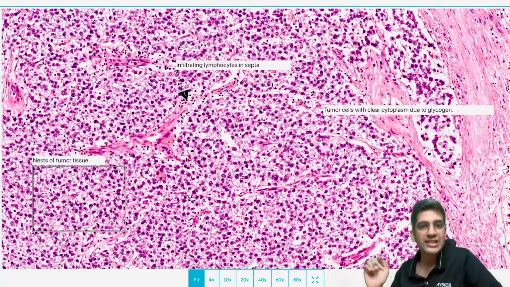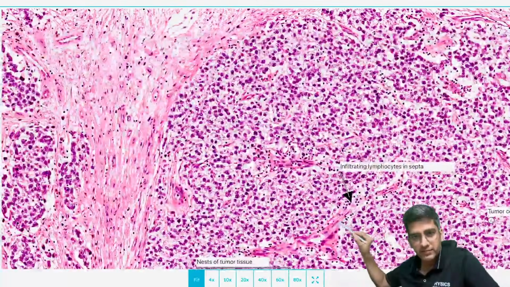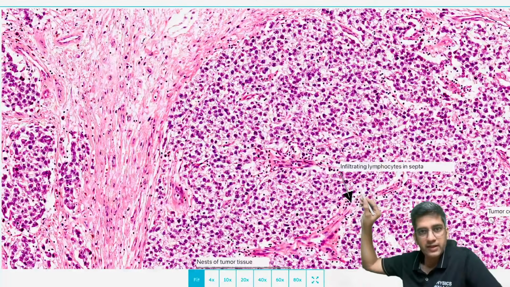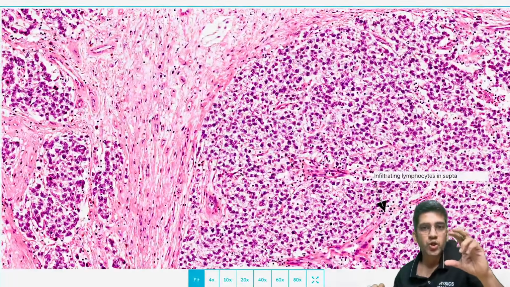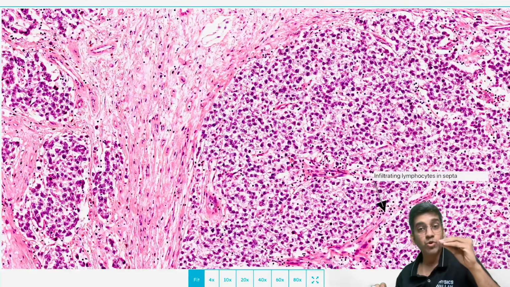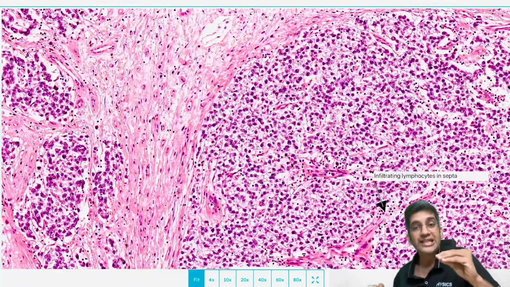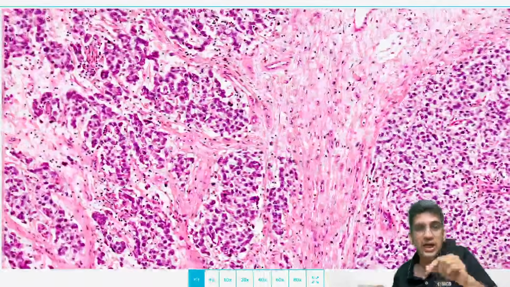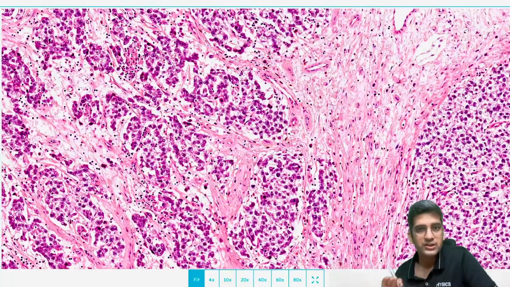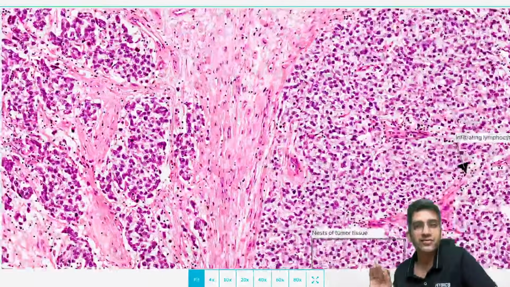We call this nesting of tumor cells. Look at that. I have a septa here. I have a septa there, right? It's tumor cells arranged in nests. And the most striking feature is it is clear because of glycogen. Clear tumor cells arranged in nests separated by septa is classical for seminoma.